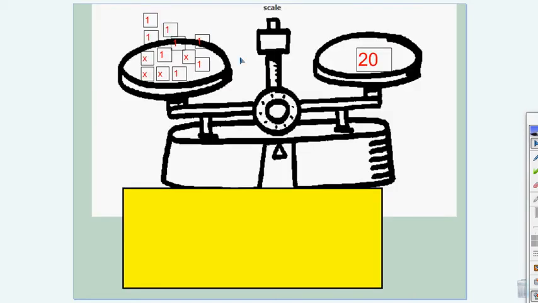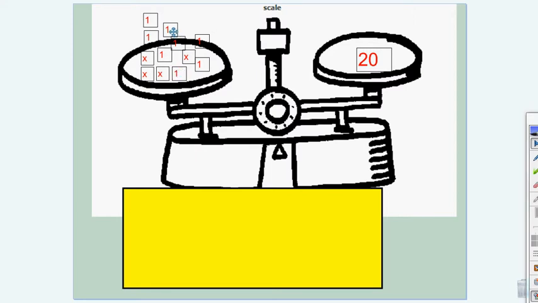So let me try and help you understand this a little bit better. Here's my beautiful scale. On the scale, I want to clean up the scale first, and then start solving. So step one, clean up one side or both sides of the scale, and then go ahead and solve.